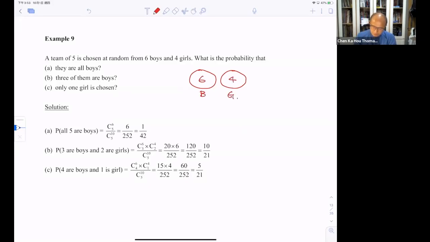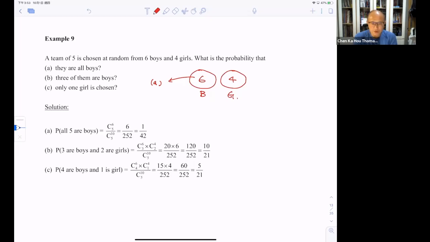In case 1, all members come from the boys, so we use 6C5 over 10C5, which is 1/42.